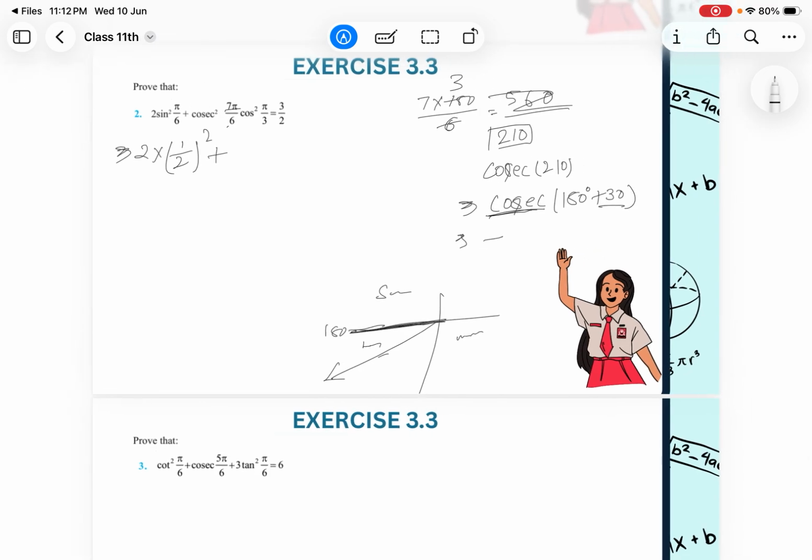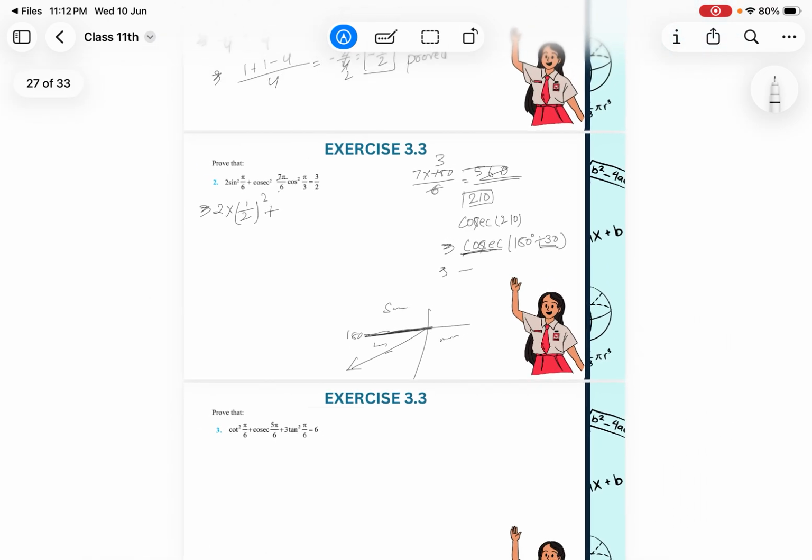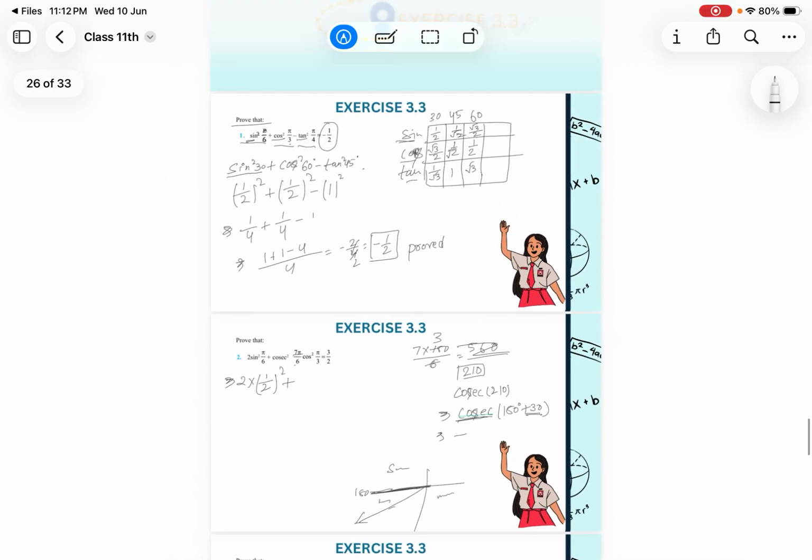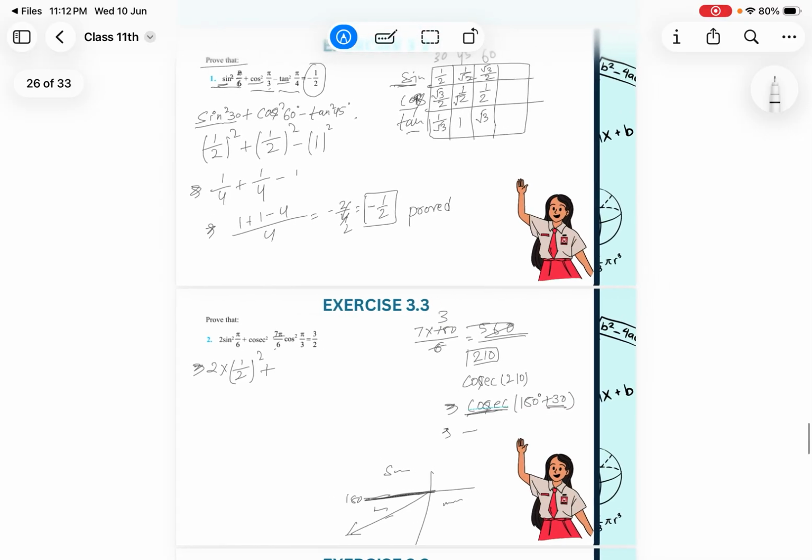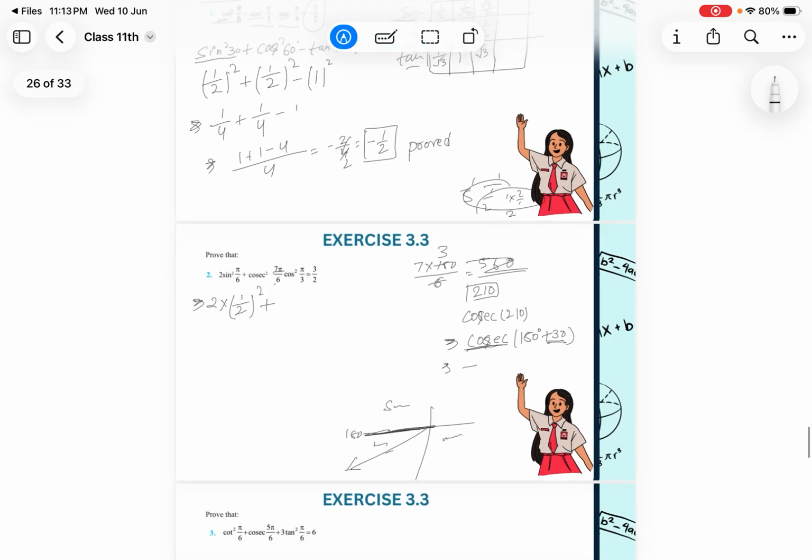So the value of cosec 30 degree, so what is the value of sine 30 degree? Sine 30 degree is 1 by 2, then it will be 2, because cosec is 1 by sine, and it will be 1 by 2, and it will be 1 into 2 by 1, that is 2, right?